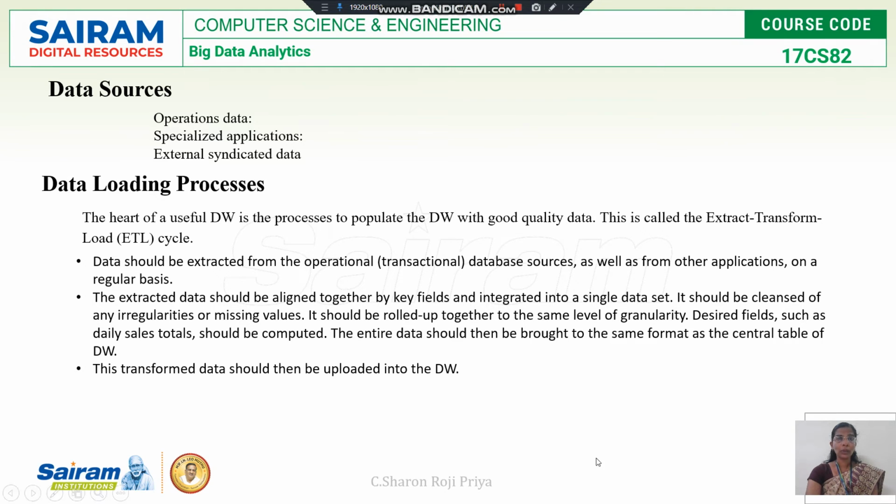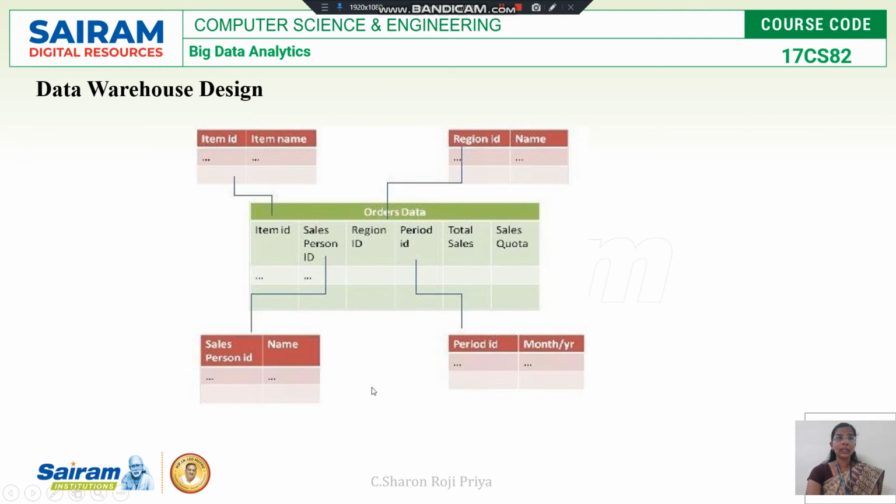While loading, you have to see that the entire data is brought to the same format as the central table of the data warehouse. We can see this, what is this central table? Entire data should be in the same format as that of the central table, and at last I'll upload it into my data warehouse.